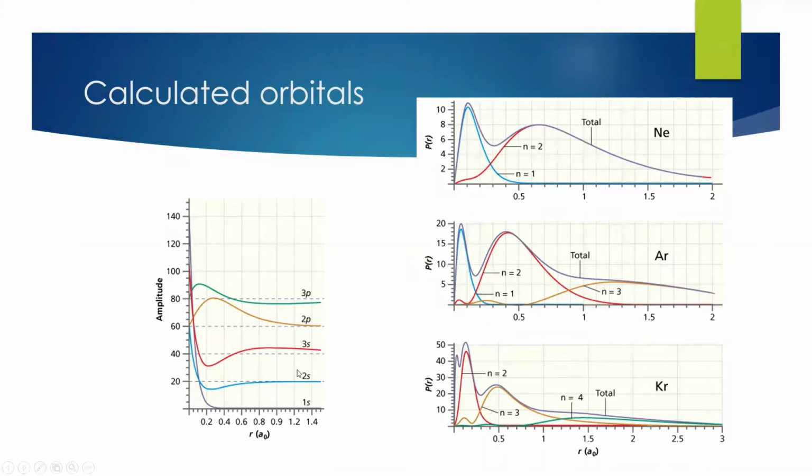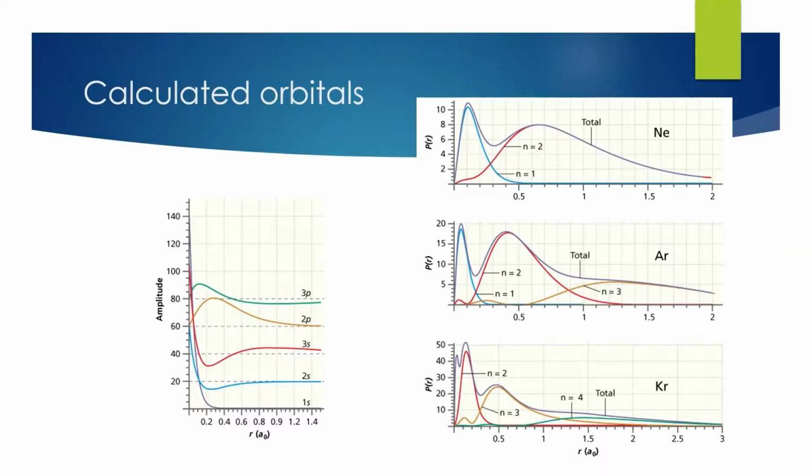So on average, electrons in higher subshells are further away from the nucleus. So in the blue line here for neon, we see n equals 1, and the red line we see n equals 2. And the same thing in argon, we see 1, 2, and then 3, and then krypton we can see here is further out. And so our predictions are what we expect based on our models.